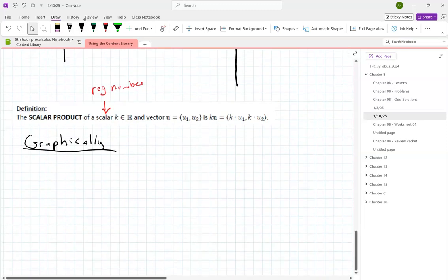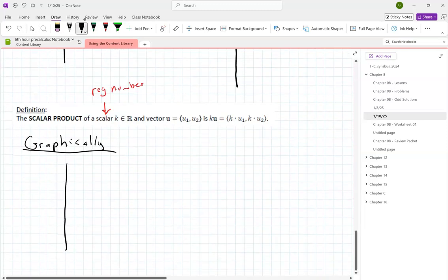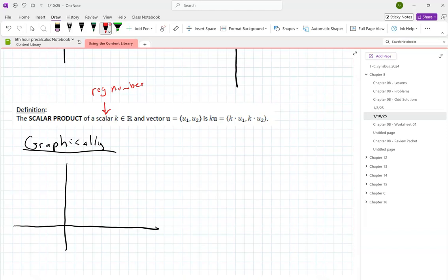So what are we talking about graphically? Well, let's kind of show you. So let's say this is our vector u.